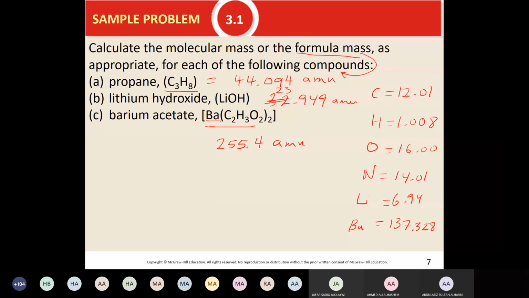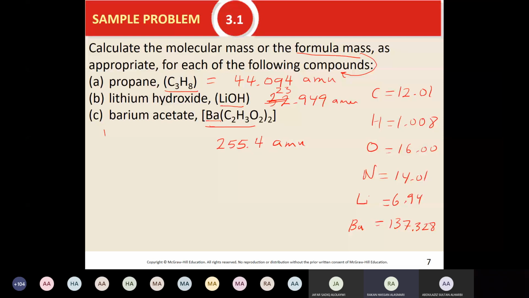Very good. Doctor, yes. The number 2 after the brackets, what does that mean? After O2 is 2. Yes, it applies to everything in the brackets. Of course. How can we calculate it?